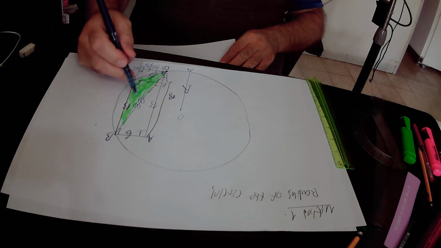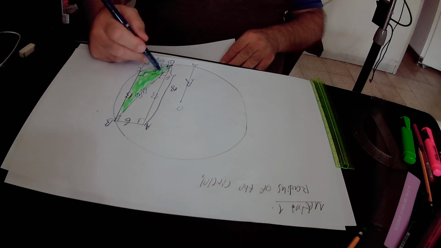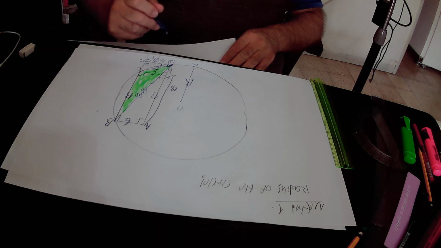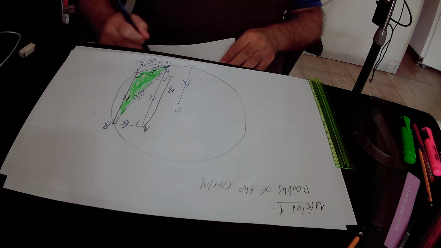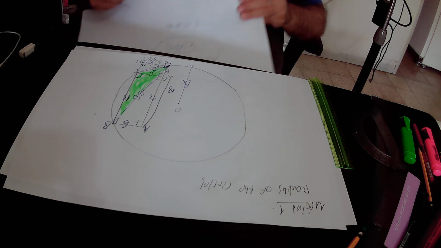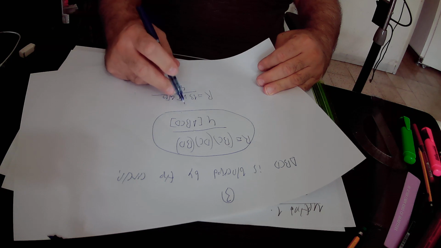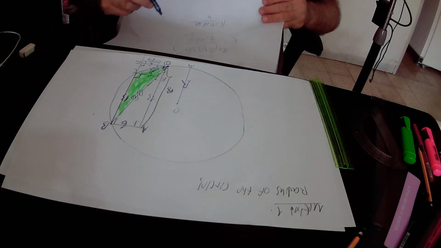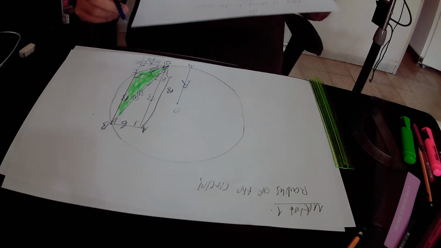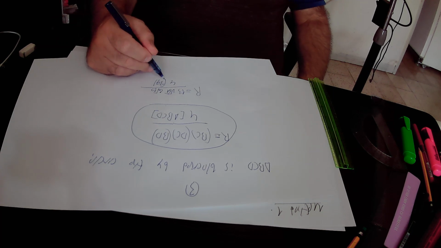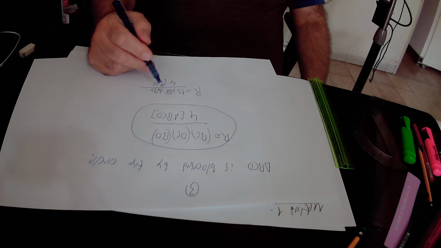The length of BD is equal to 6 times square root of 10 units, so we substitute BD by 6 times square root of 10 units. We have already found out that the area of the green triangle BCD equals 39 square units, so we substitute the area by 39 square units.